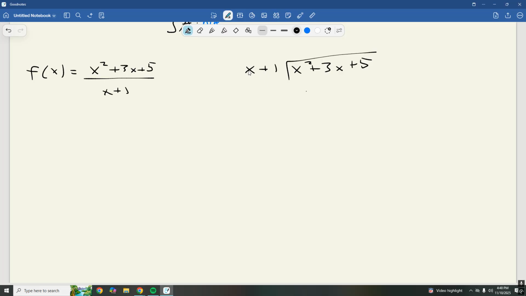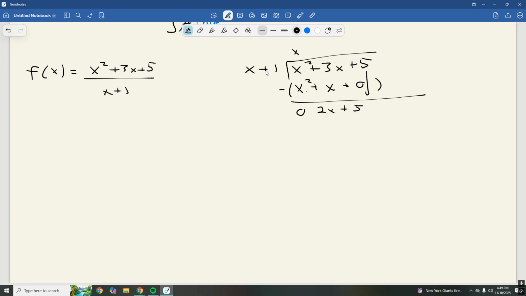So x going into x squared is x, and then x times that is x squared plus x. Now we subtract, and this is 0. This is 2x, and then we bring down the 5, so plus 5. So now we have 2x plus 5.